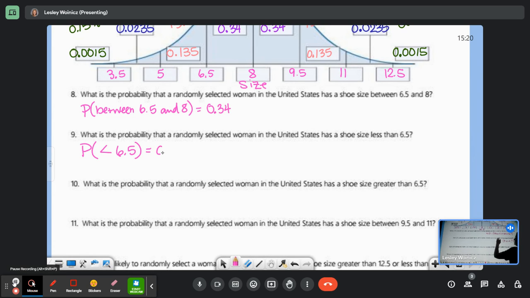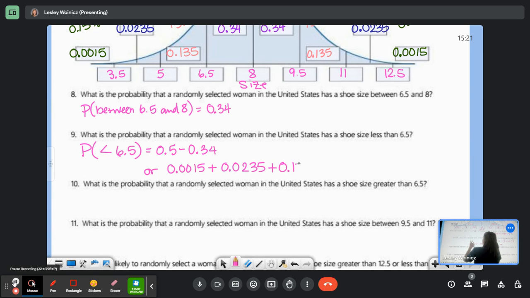So 0.5 minus 0.34, or we can do 0.0015 plus 0.0235 plus 0.135.